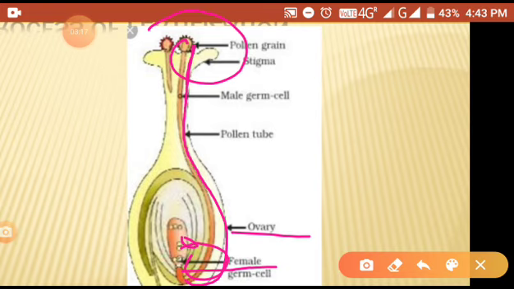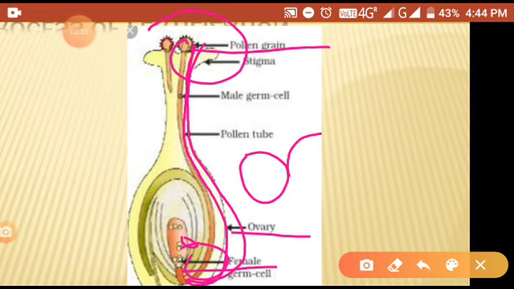Again I am telling you, the pollen grain is present here. With the help of the tube and style, it reaches the ovary. In the ovary, the female cell is present. When this male cell and this female cell fuse with each other, this process is called fertilization.